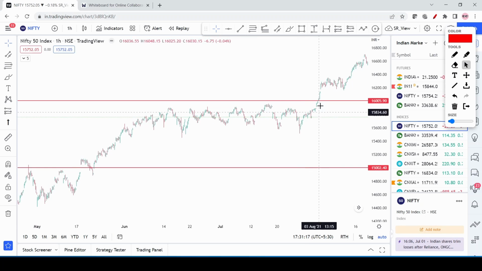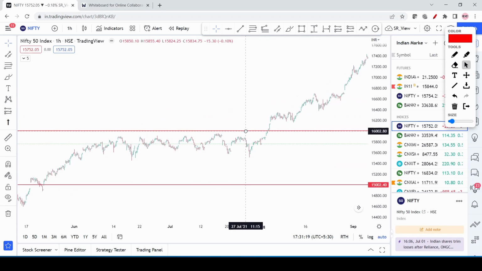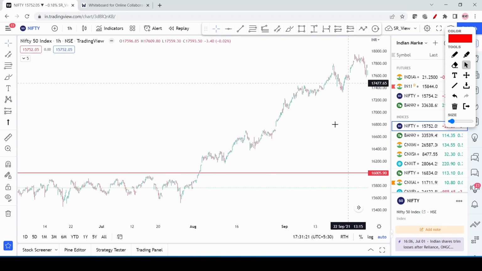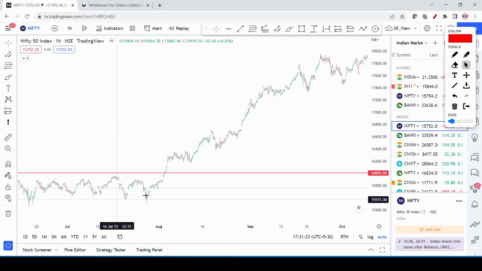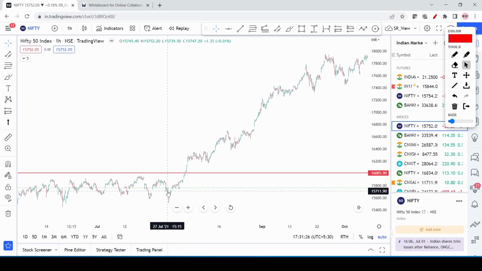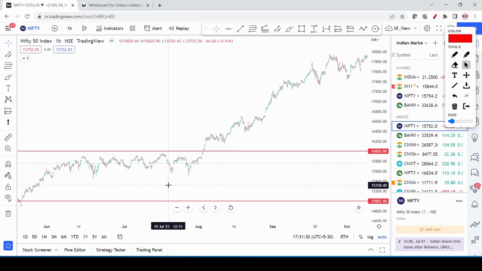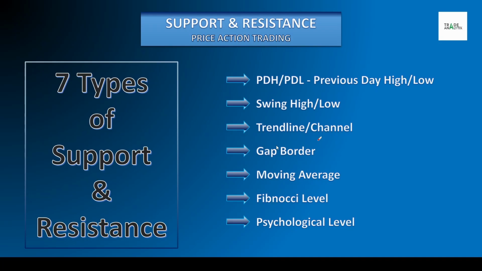And after giving the breakout of 16,000, we can see how big the rally was, right? So the psychological level also acts as very powerful support and resistance, and it may not be exactly at the complete whole number. Nearby we will see a lot of action near the psychological numbers. Okay, so that's it on psychological level support and resistance.